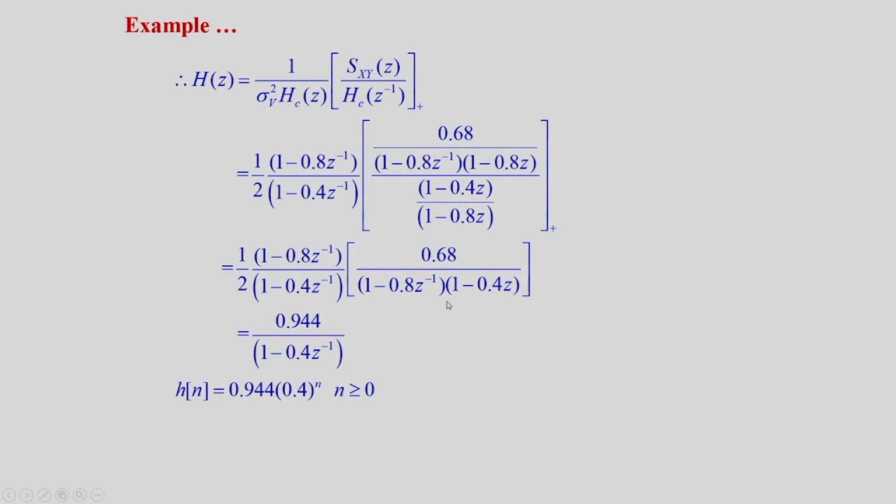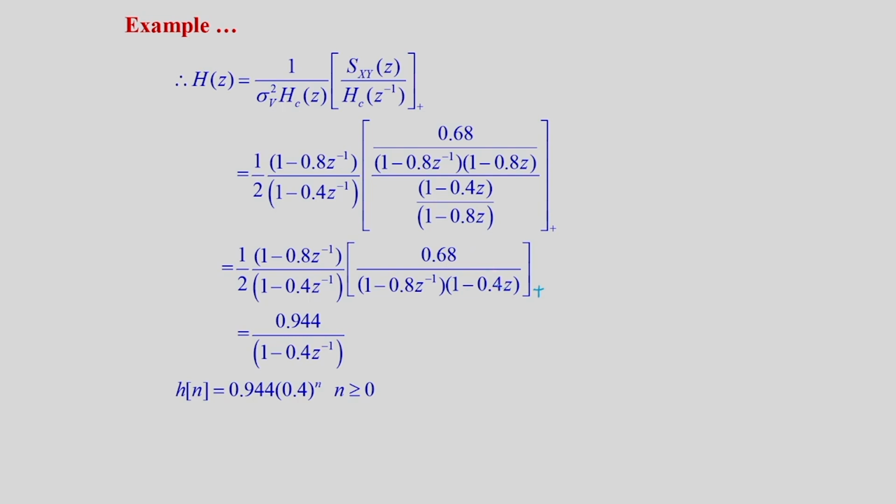We have to consider the positive part of this, and we can get the positive part of this expression, this Z transform, by partial expansion of this quantity 0.68 divided by (1 minus 0.8 Z inverse) into (1 minus 0.4 Z).